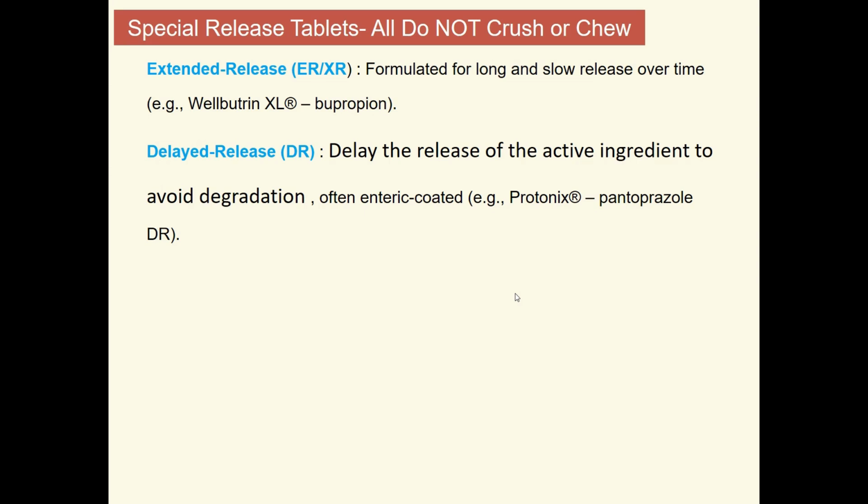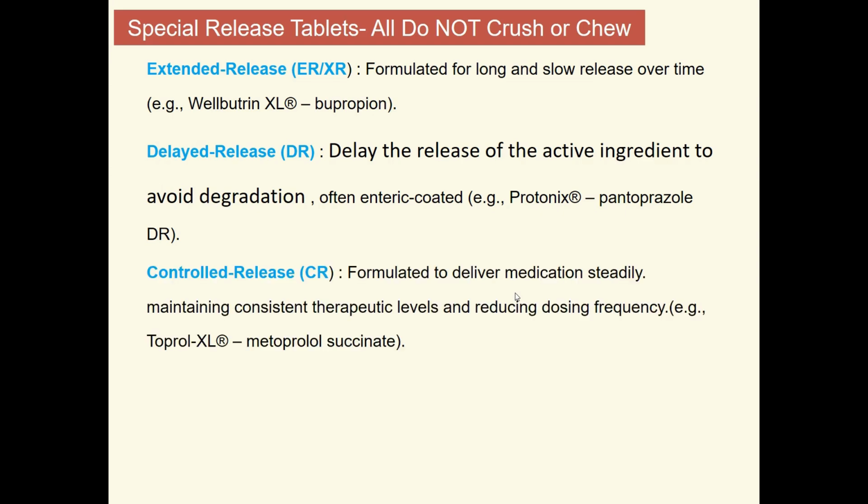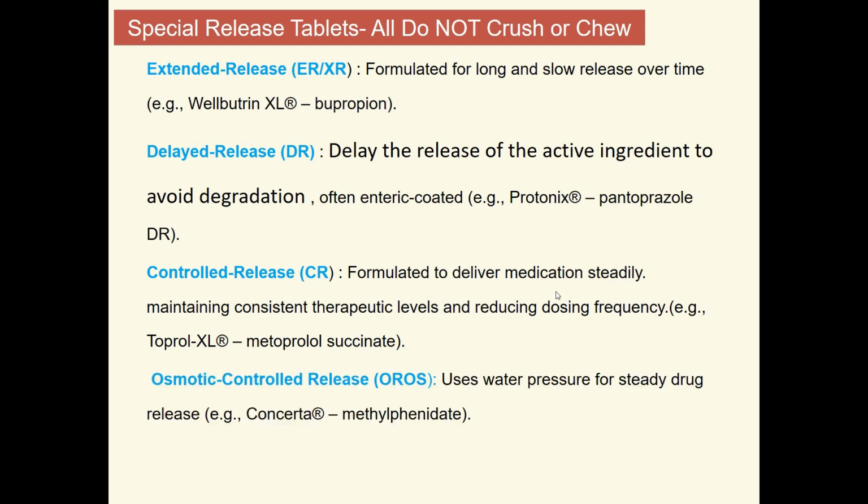Example, Protonix, pantoprazole DR. Controlled release is formulated to deliver medication steadily, maintaining consistent therapeutic levels, so it reduces the frequency of dosing and maintains steady drug concentration. For example, Toprol XL, metoprolol succinate, is a controlled release.